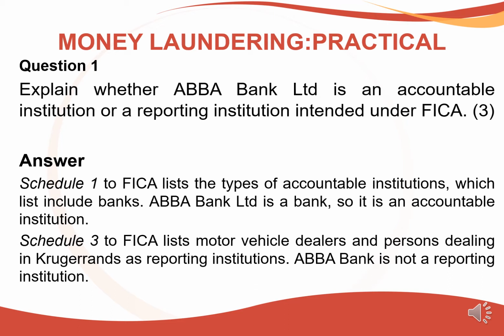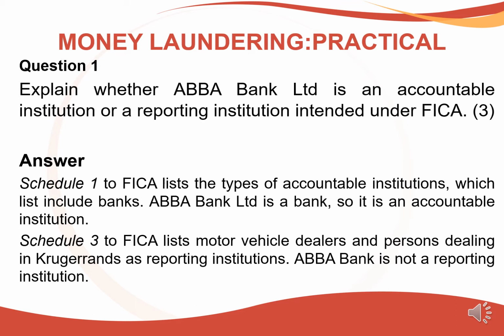Immediately you know Schedule 1 to FICA lists the types of accountable institutions, one being banks. Can you remember in your question I told you ABBA Bank is a registered bank, so they would be an accountable institution. But obviously this question counts 3 marks, and I tell you to explain to me whether they are an accountable institution or reporting institution.